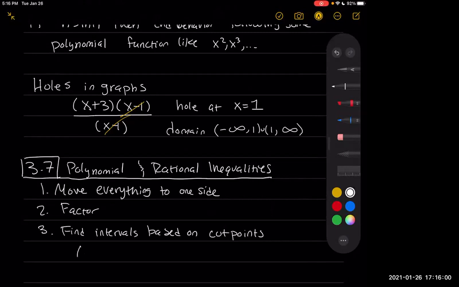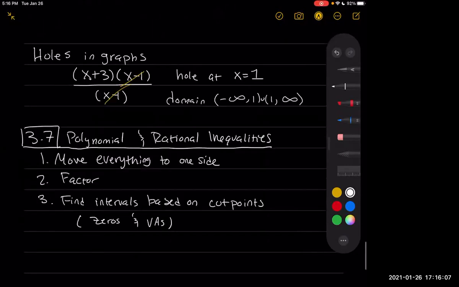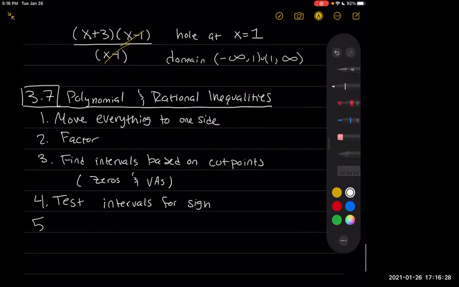So our cut points are zeros and vertical asymptotes. 4, for test intervals, you'll plug in a number within the interval and see if it is positive or negative to let us know which side of the axis our graph would be on. And then 5, we're going to solve and check endpoints.